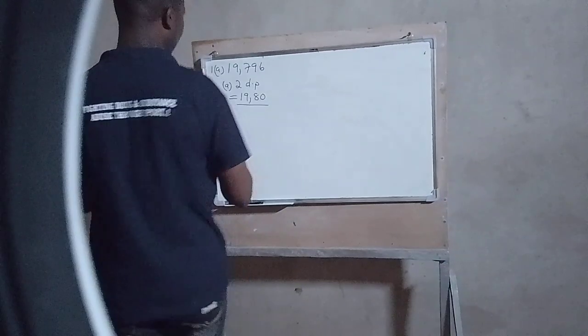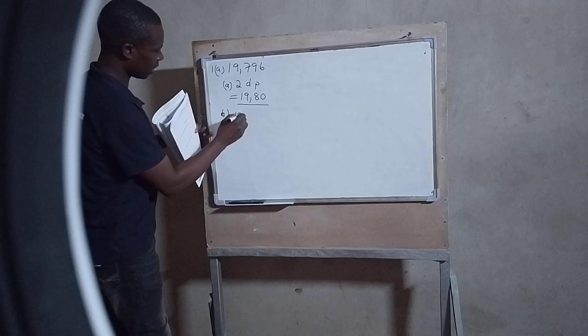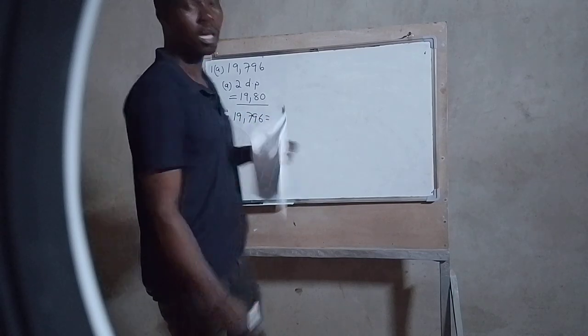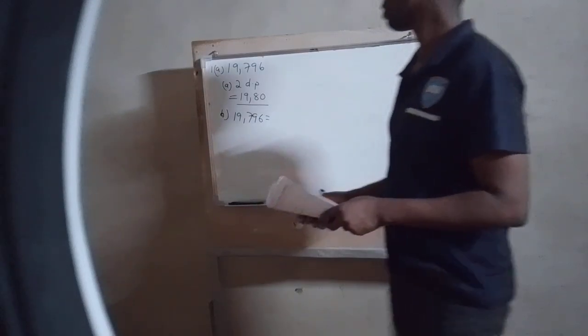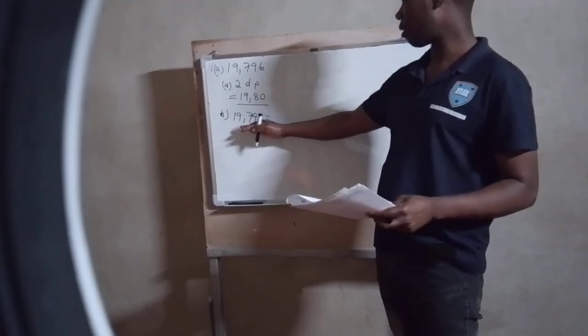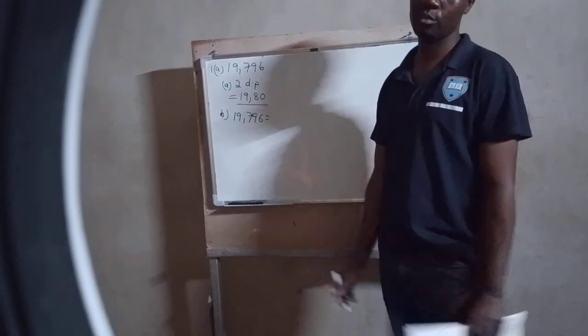Then for 1 significant figure, right, the issue with the significant figures, we are not worried about the comma. Our figure is 1, 2, 3, 4, 5 significant figures.